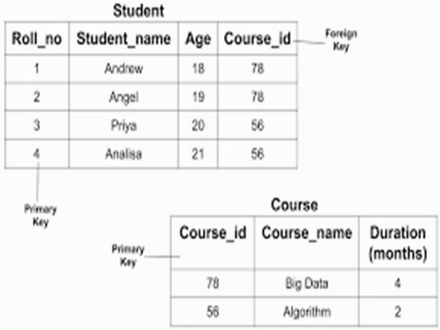The table course, in which course ID is the primary key, identifies each record uniquely, meaning it will not allow 2 courses to have the same course ID.